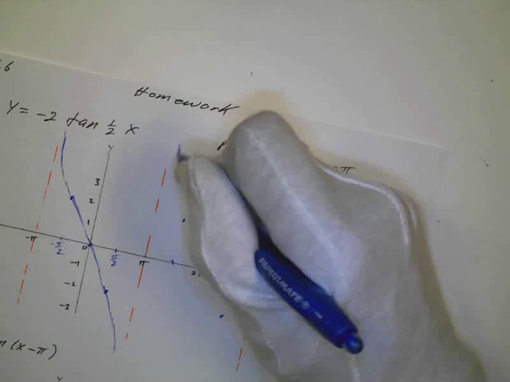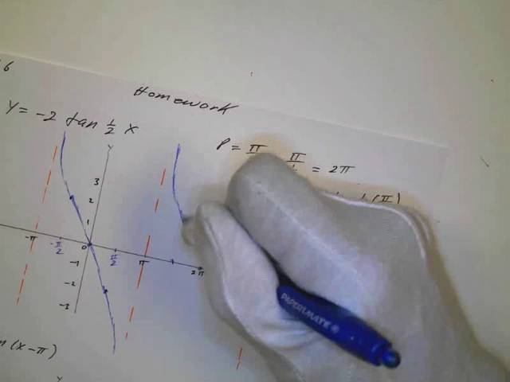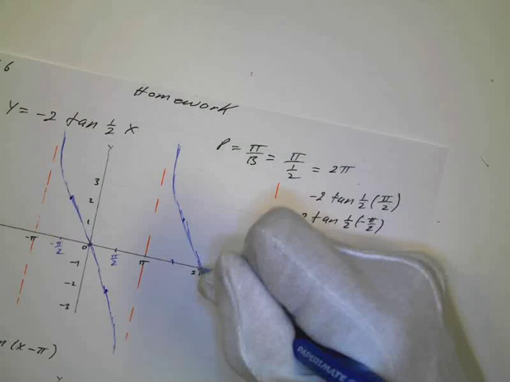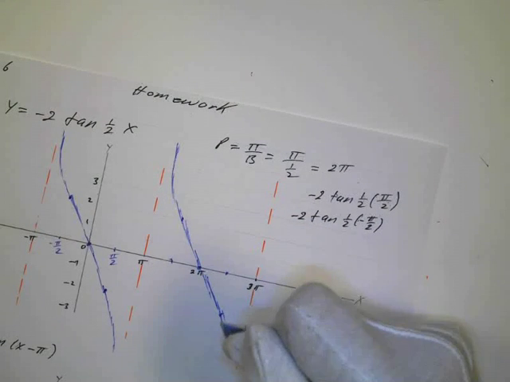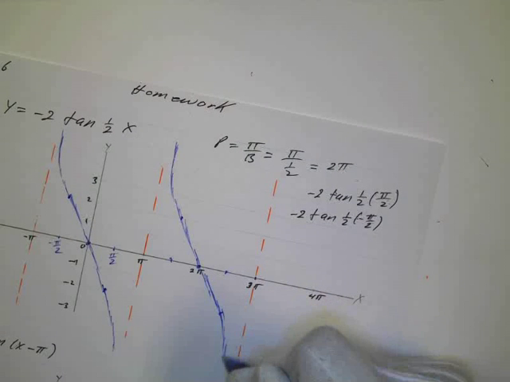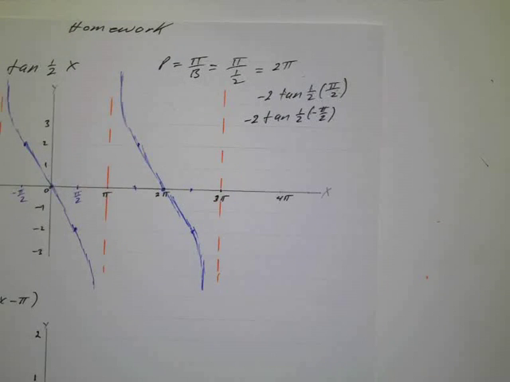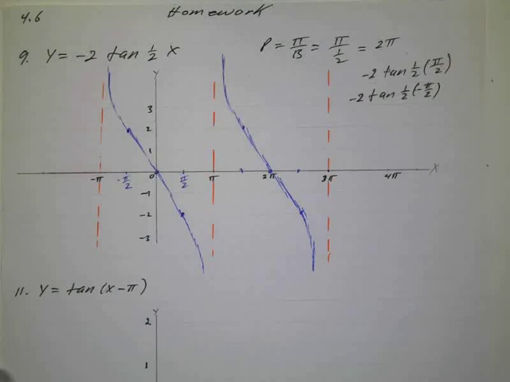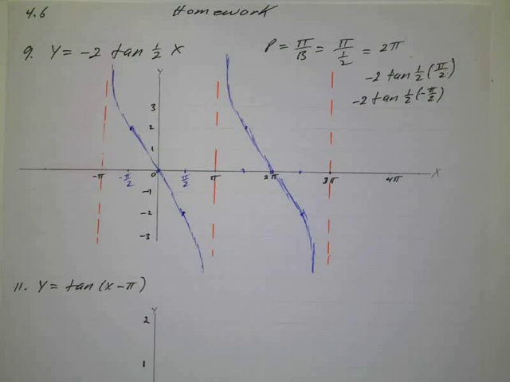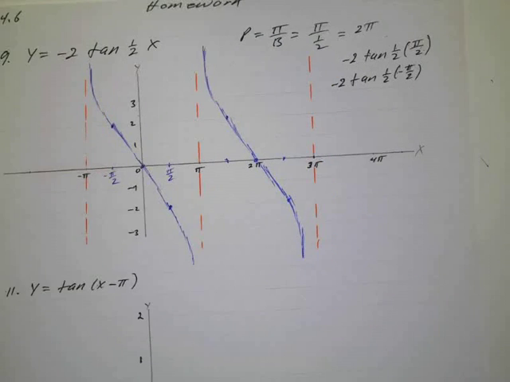And again, you've got your curve that comes down hugging the asymptote, goes down to the checkpoint, goes down like that. Okay? Hope that makes sense. So those are your 2 periods. And this is 2 because of the 2 in front. It's kind of like it changes the amplitude.